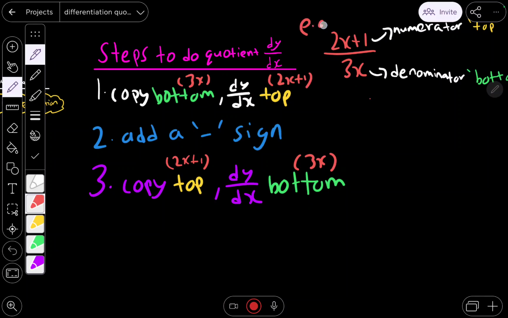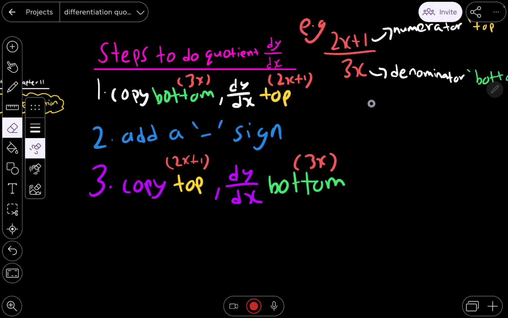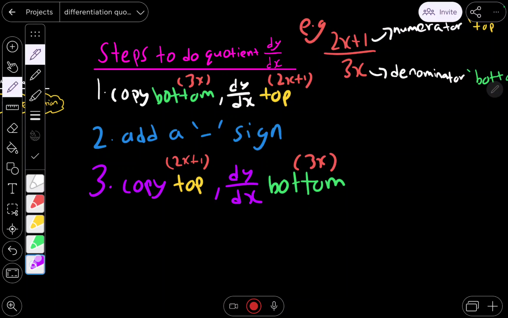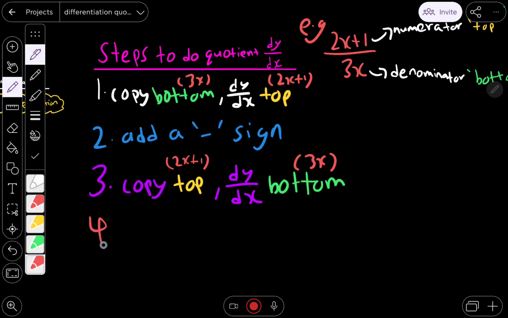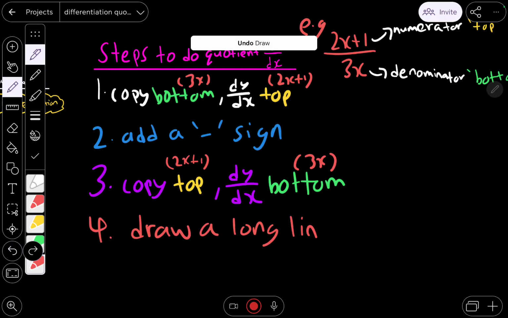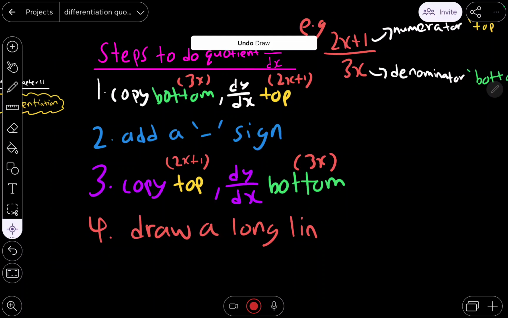So if we say this example here, the fourth one, I'll write it in red, is to draw a long line. I understand that you might be lost about what point number 4 is.